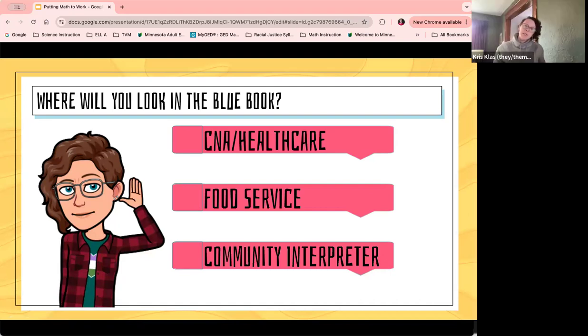So I would love to hear from folks again. Where are you looking in the Blue Book? Or where do you think you're going to start looking? At which domain did you talk about? Are those math tasks covered in, or do you think they are probably covered in? I moved my chat box, so hopefully this time I'll see when people raise their hands.